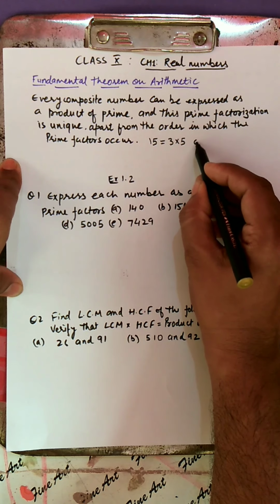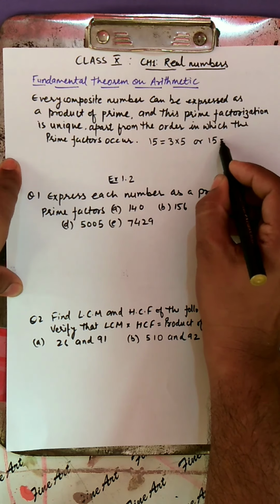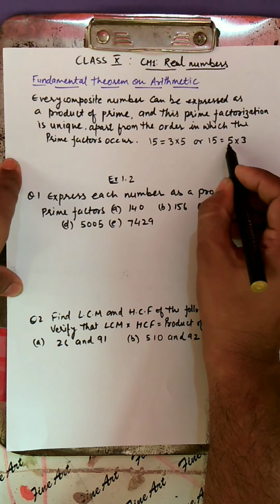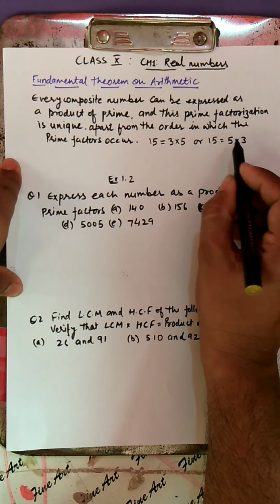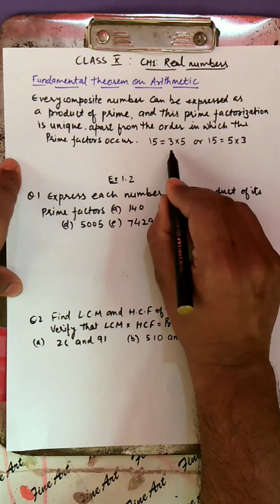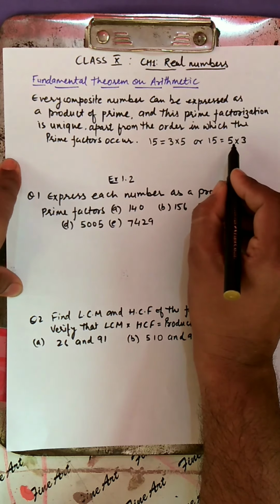Of course you can write 15 as 5 into 3, but these primes 3 and 5 will not change, and you cannot replace them with any other prime number. So the order can be changed, but the prime factors will not change.